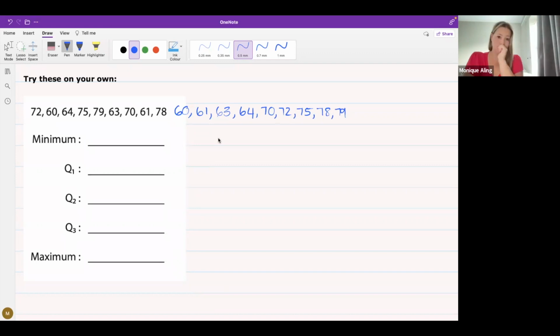Okay, and the answer that a lot of you had is that the minimum is 60 and our maximum is 79. A lot harder to find the max and be able to find your quartiles. Okay, and there's 1, 2, 3, 4, 5, 6, 7, 8, 9 numbers. So it's uneven. So there's a definite middle number, which is 70. That's our quartile 2.